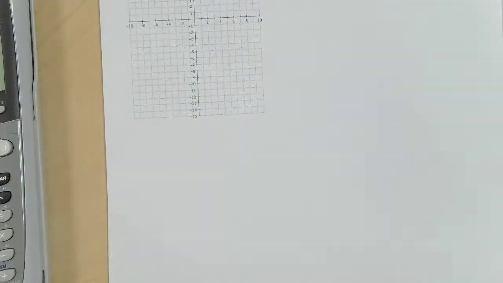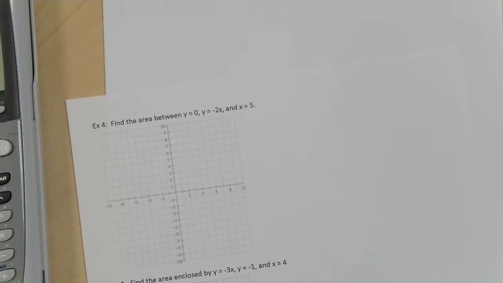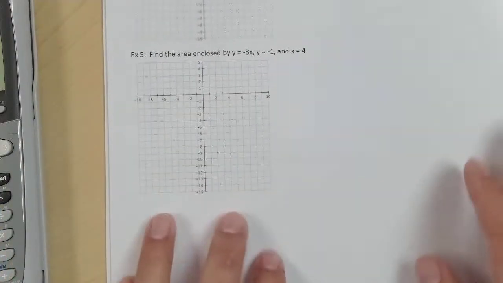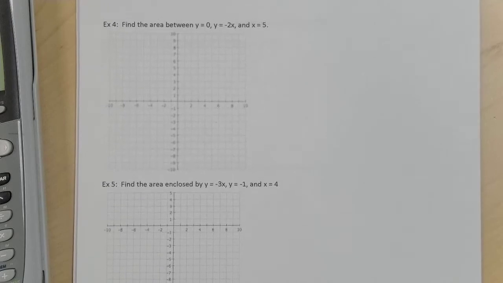I'm like missing... Oh. Well, they're here. Just very strange. Okay. Sorry. So this should be your page 2, right? For examples 4 and 5.